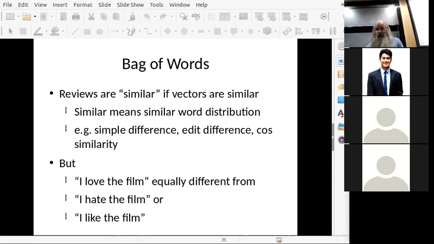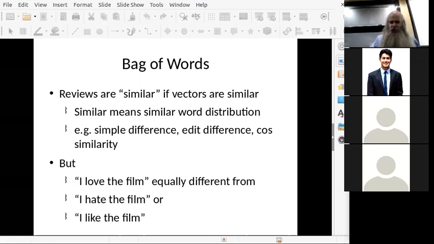We could just take a simple difference. We could take an edit difference between them, and the things that are closer. Especially if we're doing some sort of number of occurrences, we could do some sort of cosine similarity. That sort of works too. But it's important to note that we're taking all different words as being equally separate.